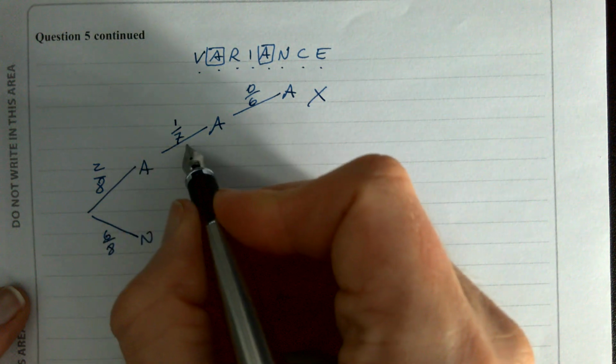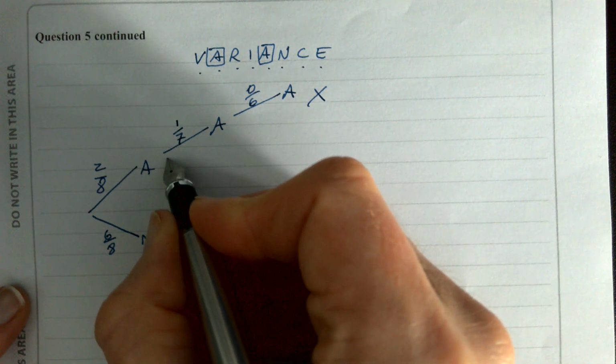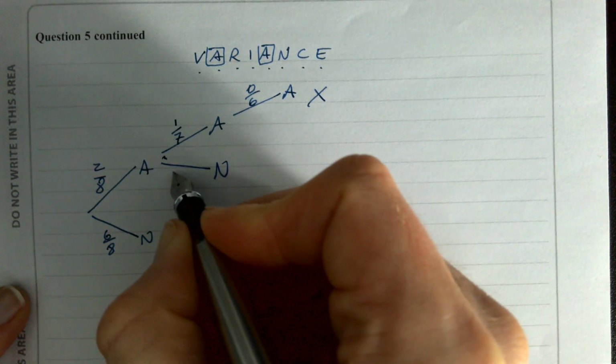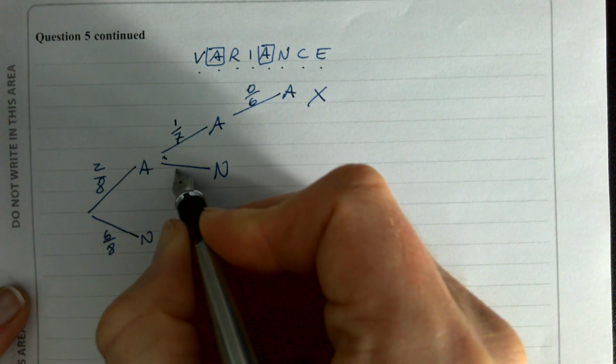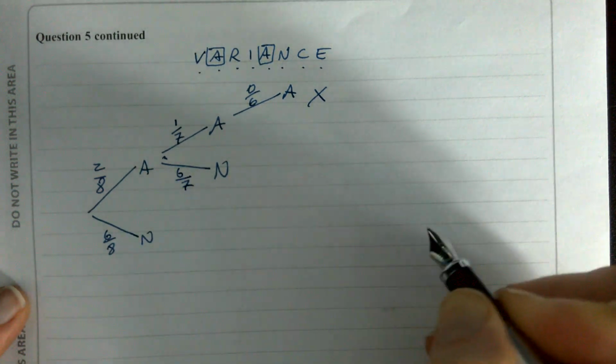So 2 A's, you could get like that. We could then have no there, and then if you'd had an A the first time, you would still have 6 out of 7 left that are not.